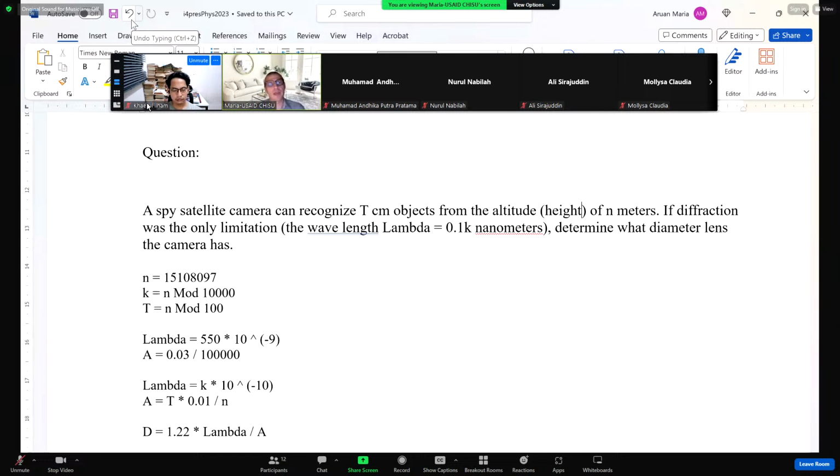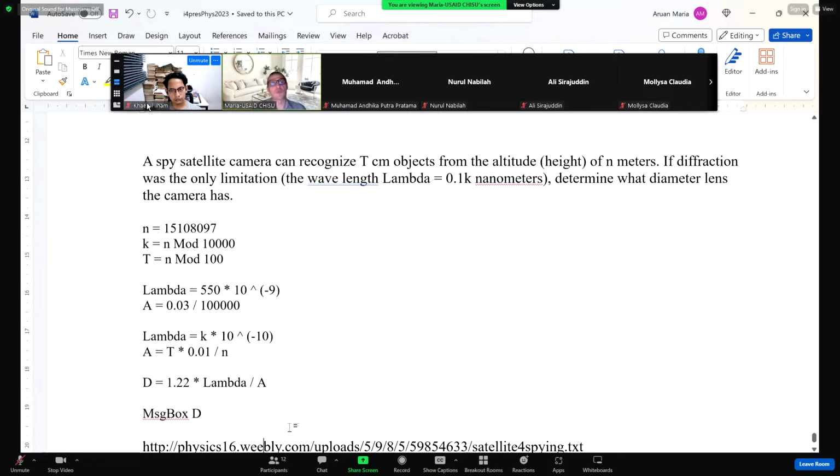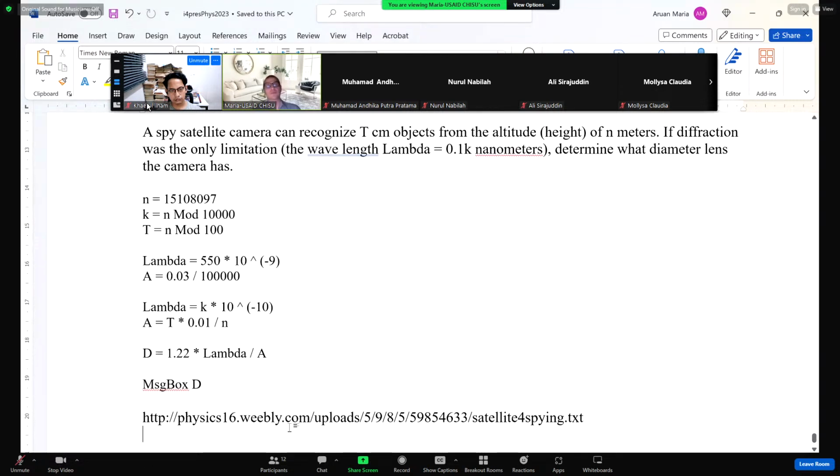So we know the angle, we know its tangent approximately, we know its sine approximately. So we can calculate the diameter of the lens, and in this case, the diameter of the lens is going to be approximately 1 meter, which is okay. The satellite can have that kind of lens. The spy satellite can have this powerful lens.